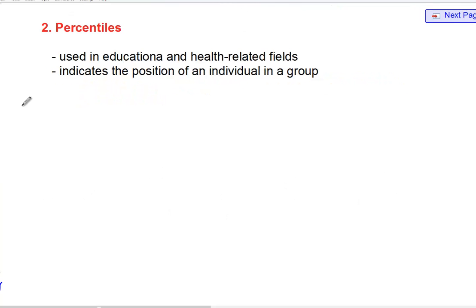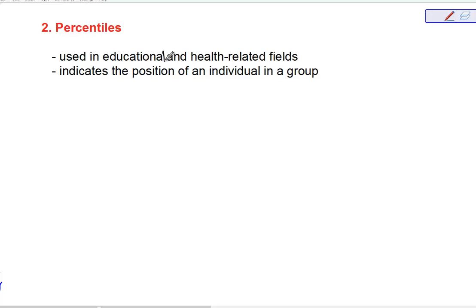The second type of relative position that we're looking for is percentiles. Percentiles are used in educational and health-related fields, and it indicates the position of an individual in a group. We've all heard that you're in the 98th percentile of your class, or your child is in the 75th percentile for their weight or their height, things of that nature.